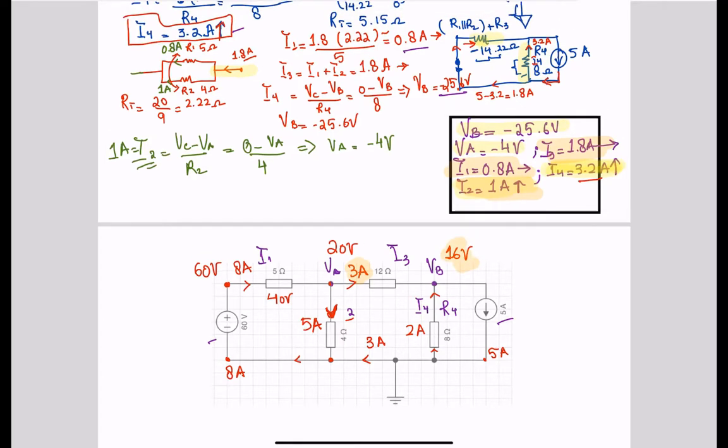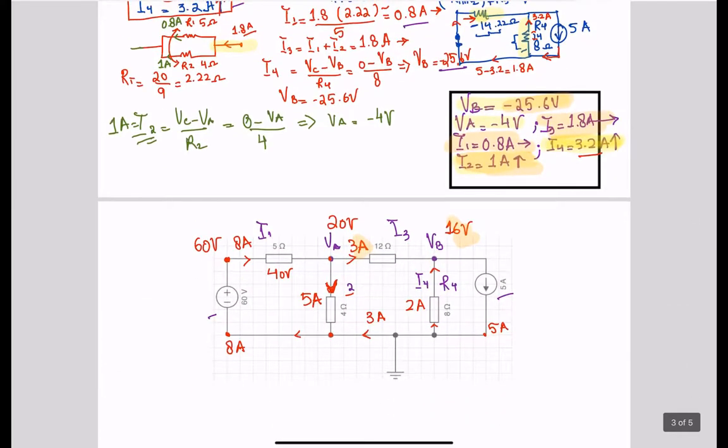And I just want to mention here, this VB that we had calculated over here was negative 25.6, and you had 9.6 over here. If you add them up, you get 16, but it's going to be negative and not positive.